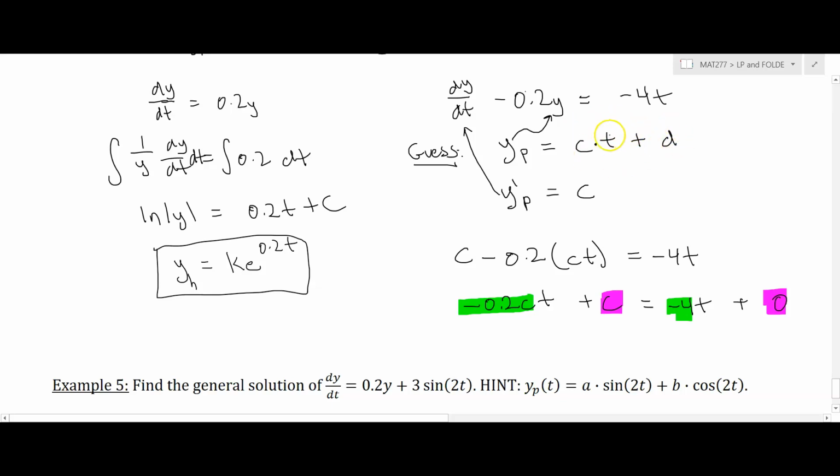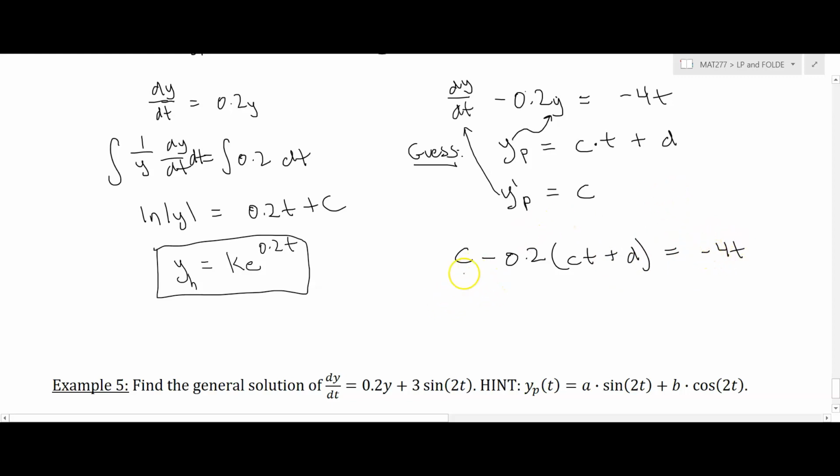The derivative of ct plus d will still be c, but what advantage this gives me is that now, in the substitution for y, I'm going to erase this stuff here and go back to the drawing board, the left-hand side in the parentheses will be ct plus d, and that has to equal -4t.